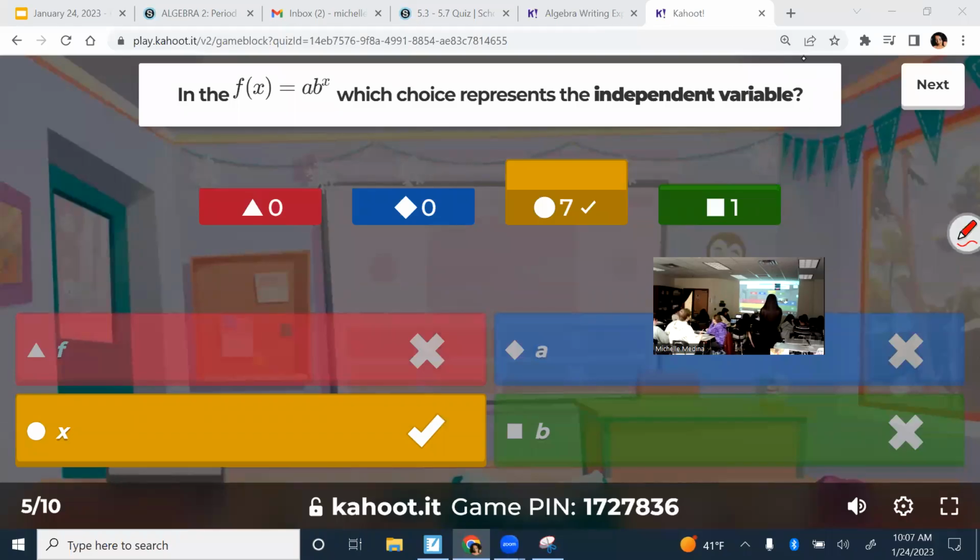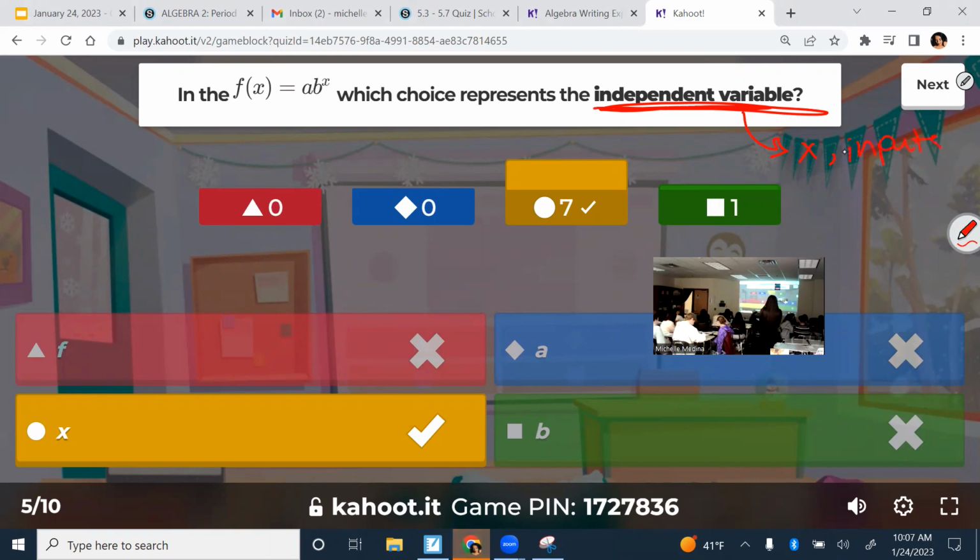Independent variable, what are some other synonyms for that we use in math? The x's, good. There's more. Not the y. That would be your dependent variable. What else do we call the x's?